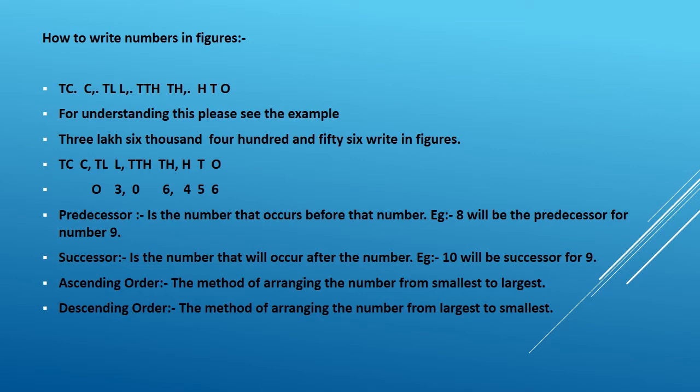First comma after 100 place, second comma after 10,000 place, third comma after 10 lakh place. The first period from the right has 3 digits, the rest have 2. The numbers in the periods give the number name. For understanding this, see the example.